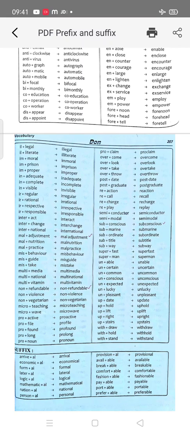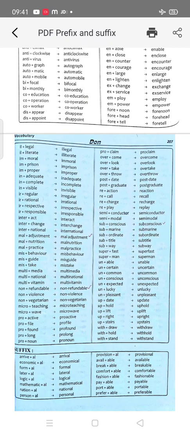When you add up before date, it will become update. Hold, uphold. Lift, uplift. Right, upright. When you add up before right, it will become upright. Stairs, upstairs.